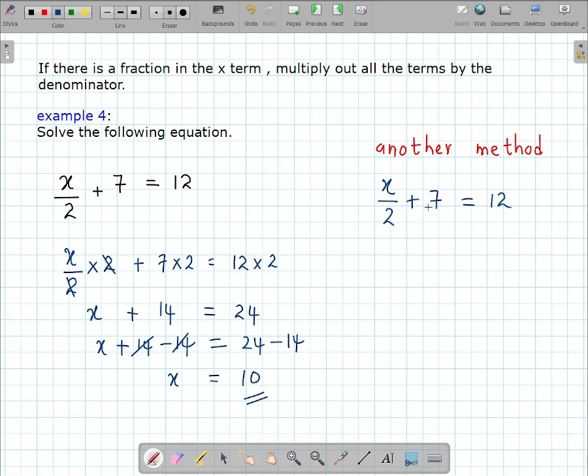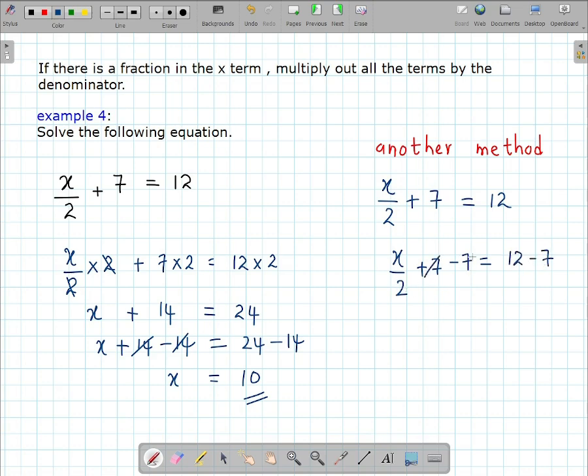First of all, if you want, you can remove this plus 7. How do you remove this plus 7? You have to subtract 7 from both sides. That is x over 2 plus 7 minus 7 and 12 minus 7.